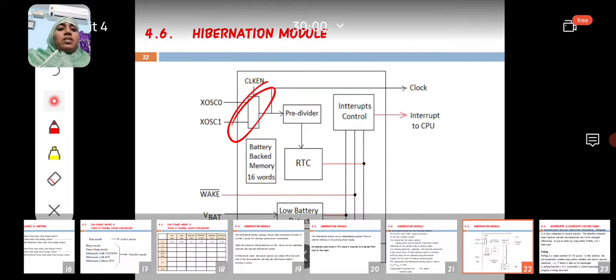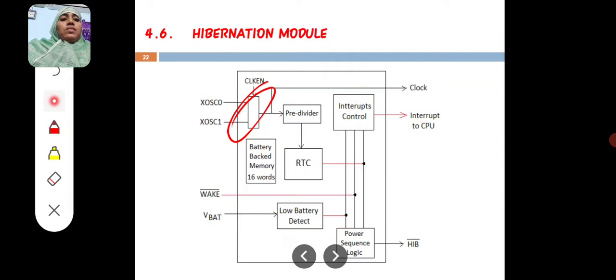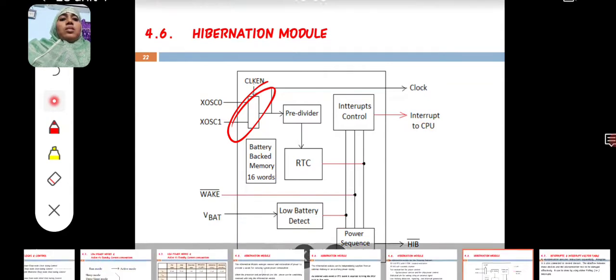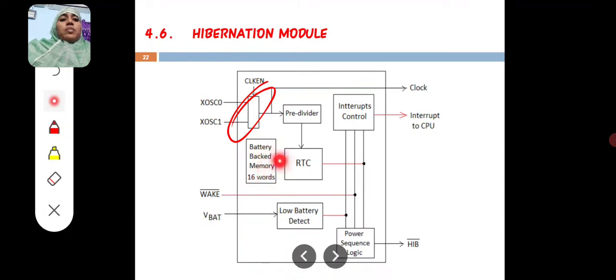It goes to a pre-divider, so we divide that clock signal, and then we give the signal to interrupt control. There is battery backup memory, RTC power supply, RTC clock signal, low battery detect, and power. So this is the block diagram of the hibernation module.